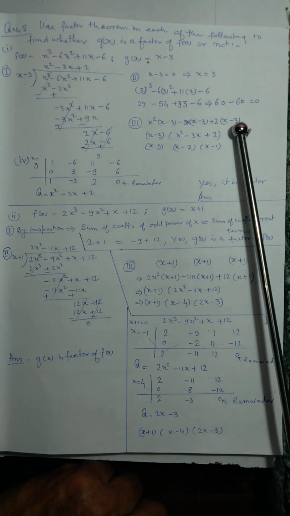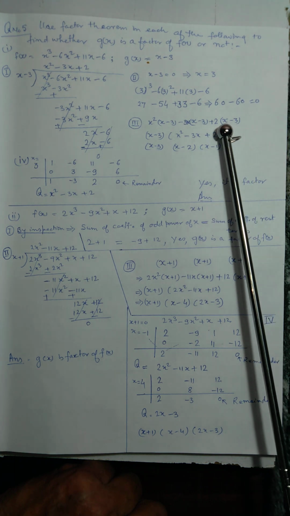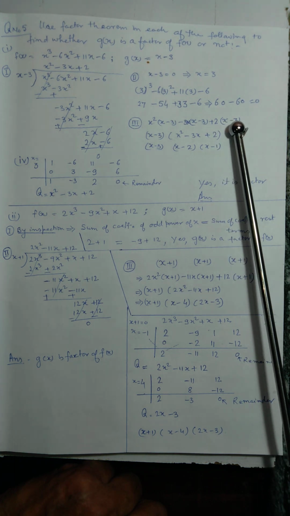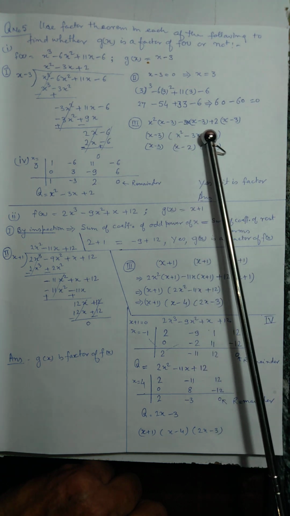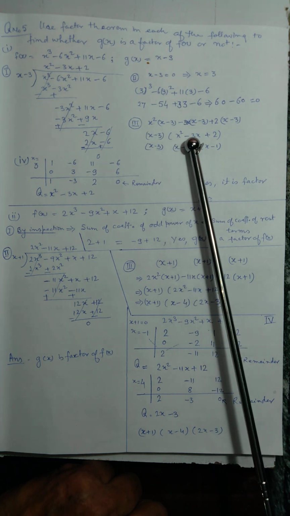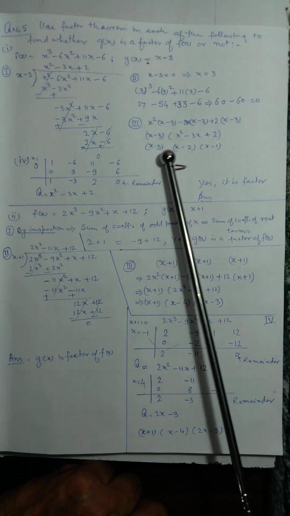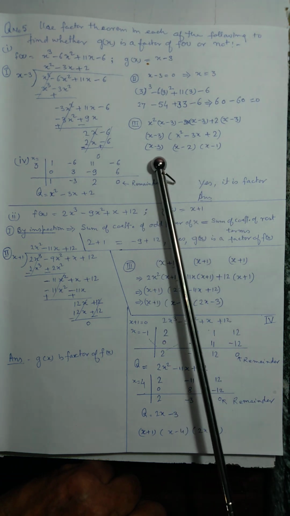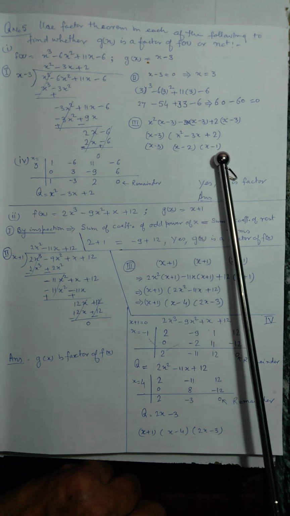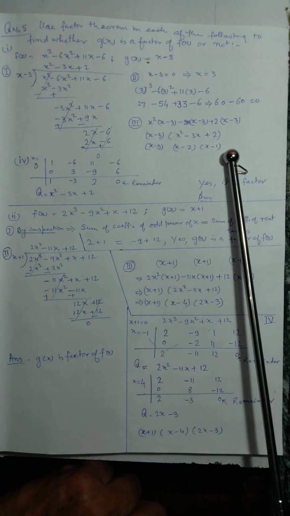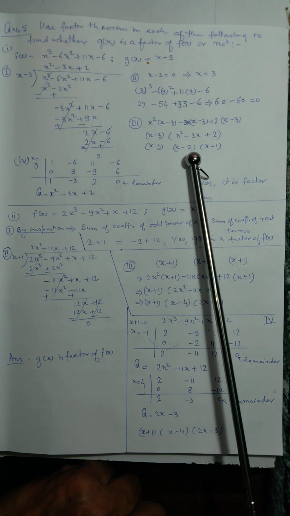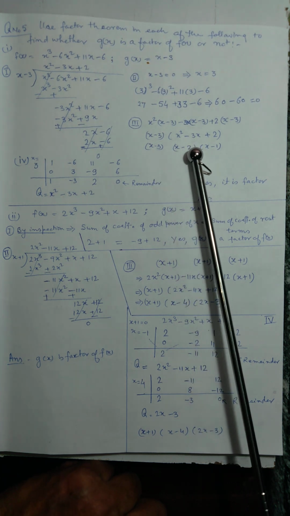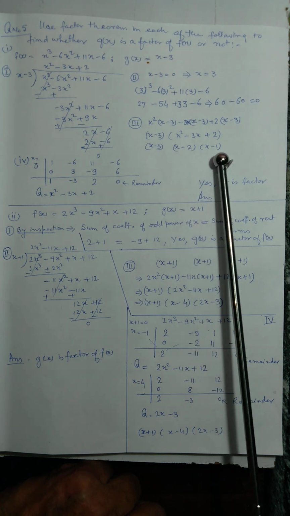Multiply this with the third factor, that is 2 times x minus 3. So you take x minus 3 common, you will get x square minus 3x plus 2. Again, x minus 3, x minus 2 and x minus 1, these are the 3 factors of the given expression. Hence it proves that x minus 3 is one of the factors.